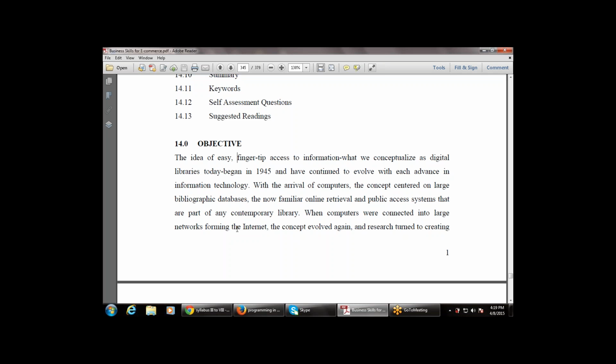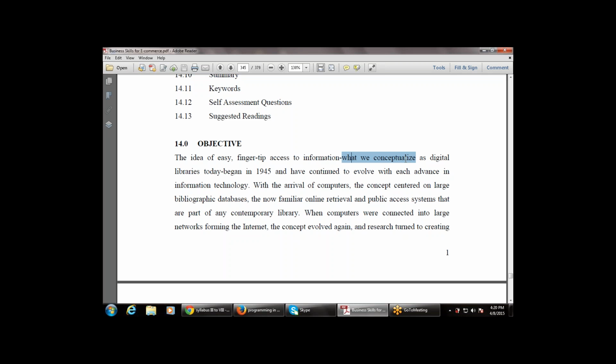This introduction is about the use of digital library, why we are using it, and what its role is, and with the arrival of the computer, what new concept became available in storing or gathering information.